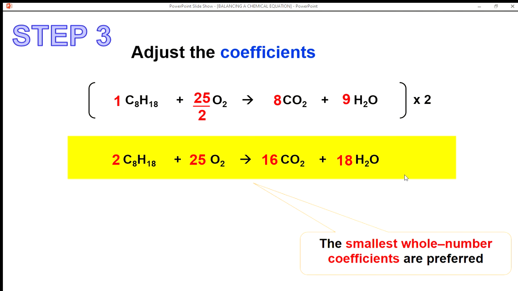So let's say, can this equation be simplified? For this case, this is the most simplified balanced equation. We could not divide by another number because this is the simplest one.